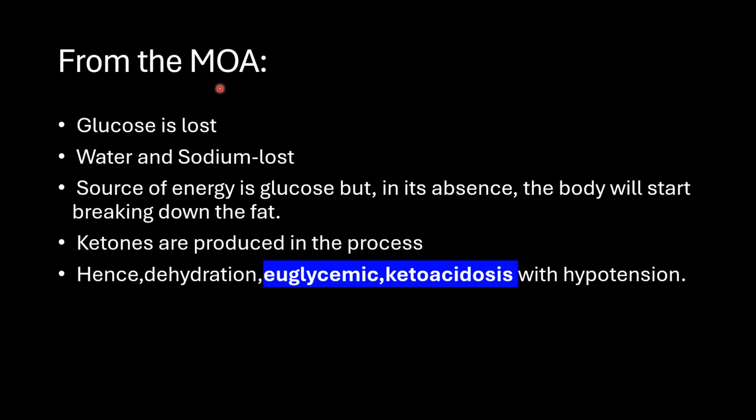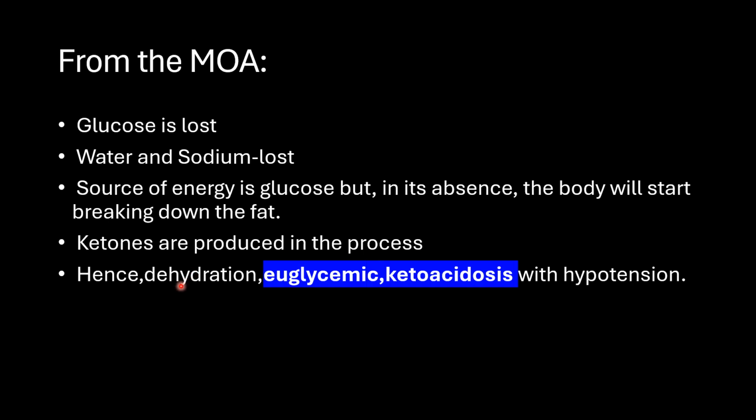From the mechanism of action we just listened to, let me reiterate again that Farxiga will help us to get rid of glucose. Glucose is lost. Water will be lost, sodium will be lost, because wherever sodium goes, water will follow. The source of energy is known to be glucose, but now that we don't have much glucose again in the system, the body will start sourcing for the energy from fat, and that will lead to breaking down of the fat, and in the process, ketones are produced.